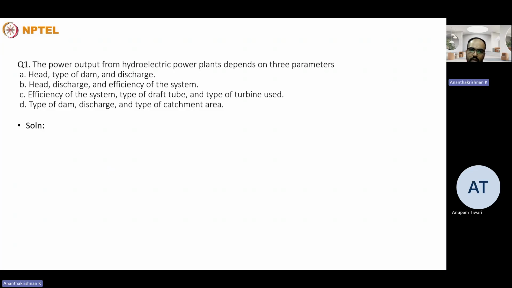That is required to prevent the discharge directly into ambient pressure, where the outlet pressure in case of most of the turbines will be lower than atmospheric pressure. So to discharge it to the ambient, you need some kind of a diffuser or an increasing cross section. That is something called a draft tube. Type of dam, discharge, type of catchment area, no. So basically, the answer to this problem is option B.